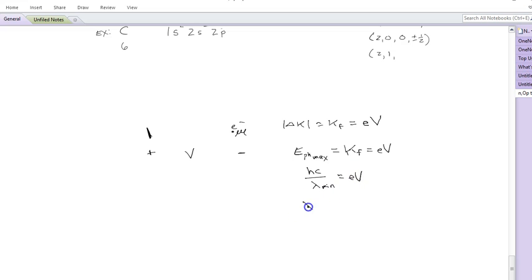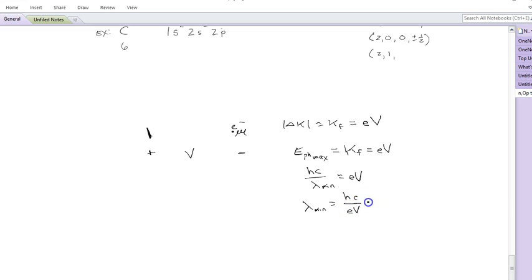Oh, so look, we can actually find that the minimum wavelength of the X-rays is going to equal hc over eV. So the only thing it's going to depend on is the tube voltage. hc and e are constants.